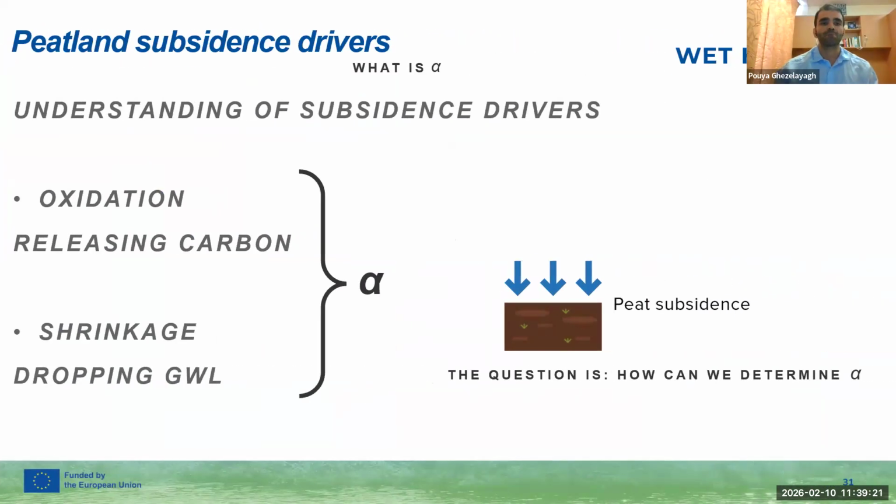But the rate of subsidence is not enough, because there is another factor related to dropping groundwater level, known as shrinkage. So distinguishing between the oxidation process and the shrinkage process is very crucial for this approach, and that's where the alpha comes into play.